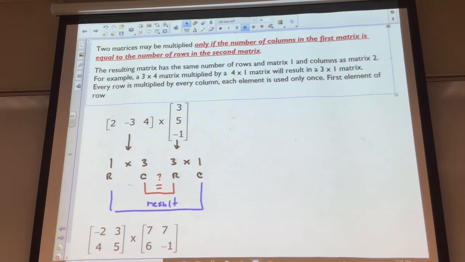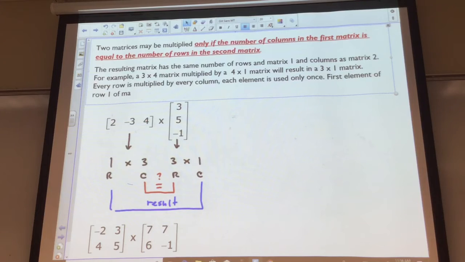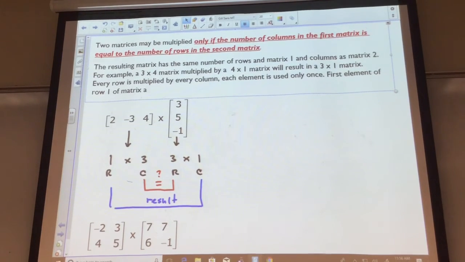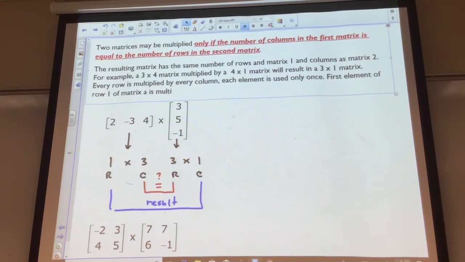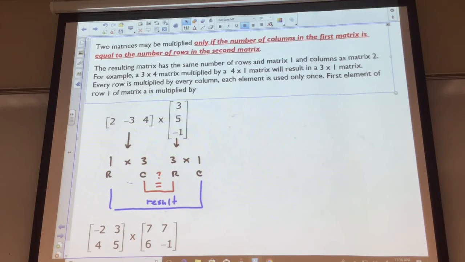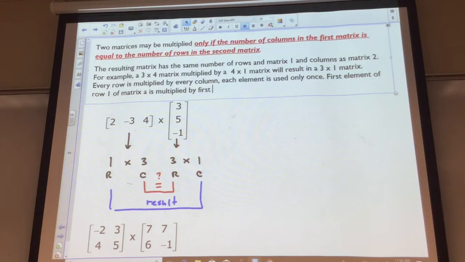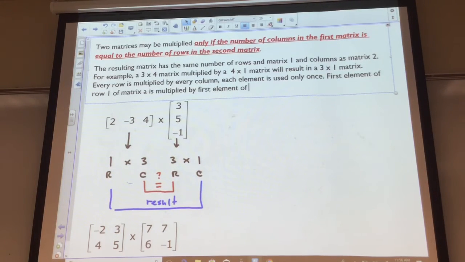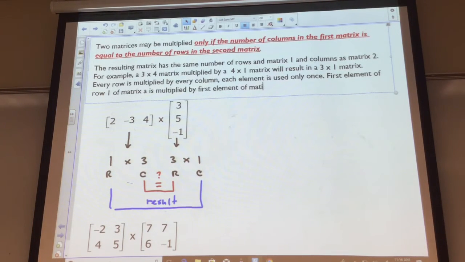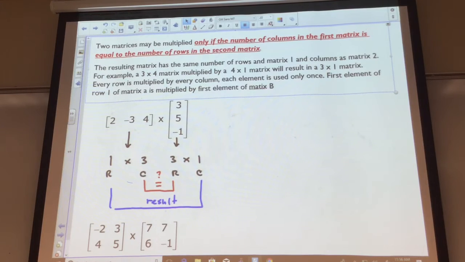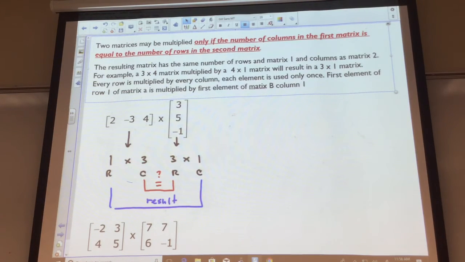The first element of row 1 of matrix A is multiplied by the first element of matrix B, column 1.